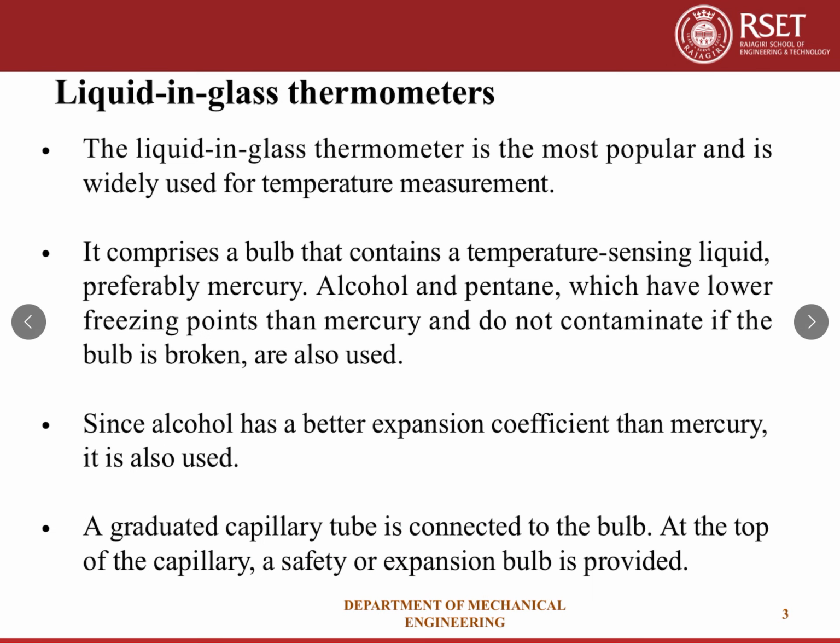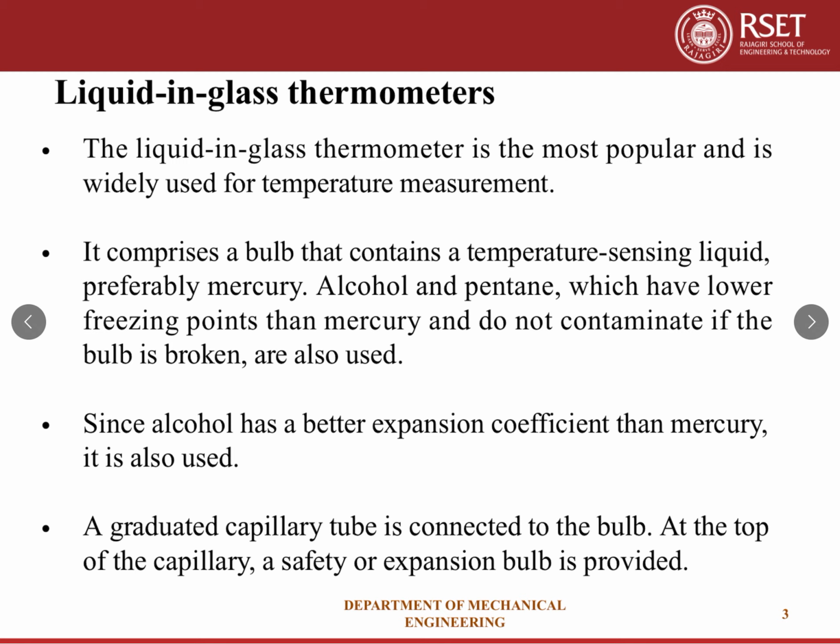So first, liquid in glass thermometer. Liquid in glass thermometer is familiar to you. The mercury thermometer we are using at our home for temperature measurement is a liquid in glass thermometer, where the liquid we are using is mercury. The liquid in glass thermometer is the most popular and is widely used for temperature measurement.